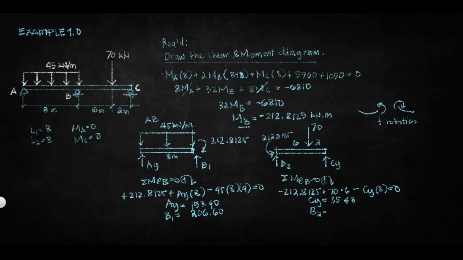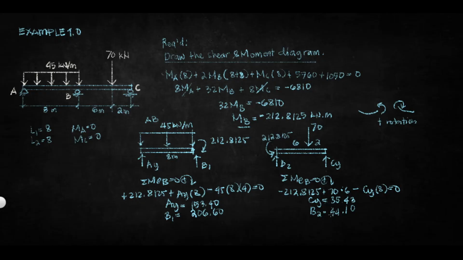70. I-compute lang guys. Tuloy-tuloy lang natin. Ang sagot po dito is 4.10. So, check natin if 70. Yan. So, ito, hindi po siya nag-70. As you can see here. So, double check lang po natin ulit. For the B2.